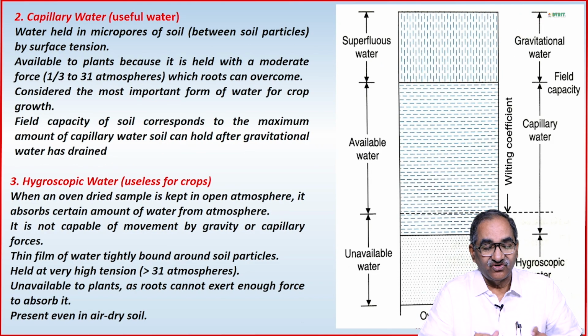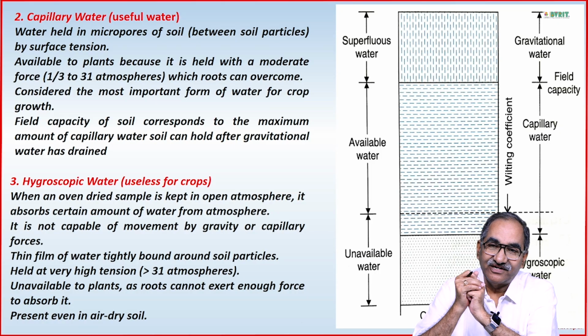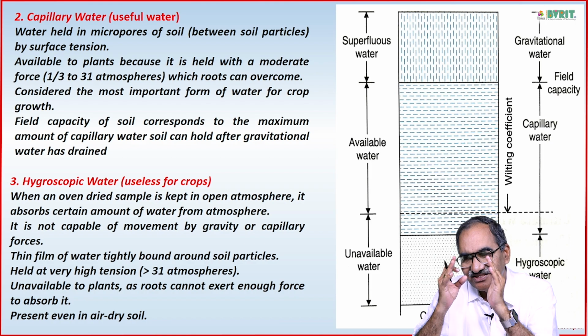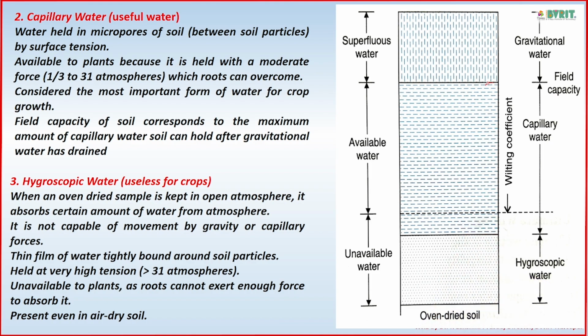Coming to the next zone, what is capillary water? This is the most important zone as far as plant growth is concerned. This is the water which you utilize for plant growth.